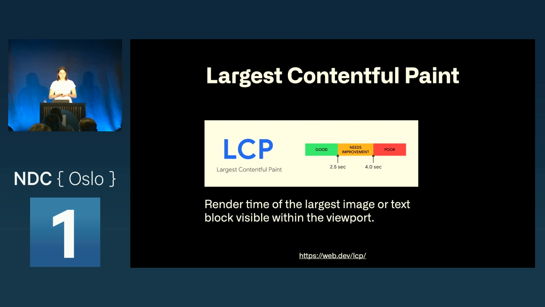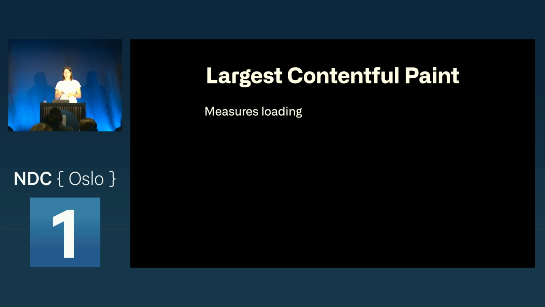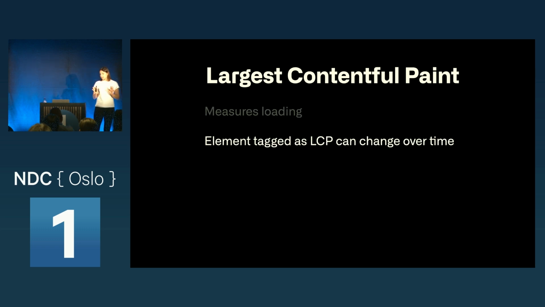So Largest Contentful Paint. This is about the render time of the largest image or text block visible within the viewport. So whatever your user is seeing when they reload the page, the biggest either text or image will be the LCP. So this metric is meant to measure loading of the page. The element tagged as LCP can change over time.